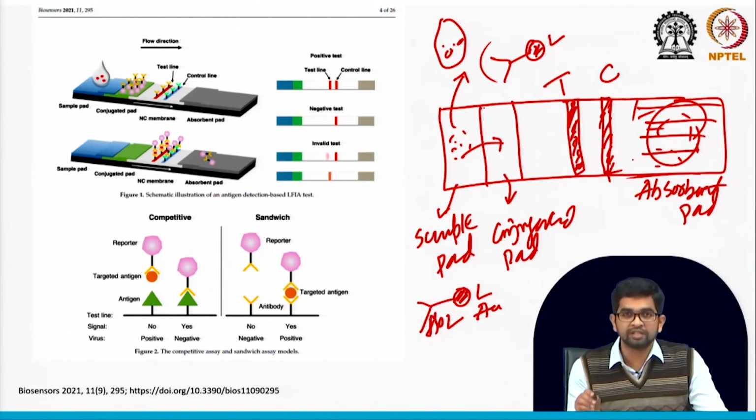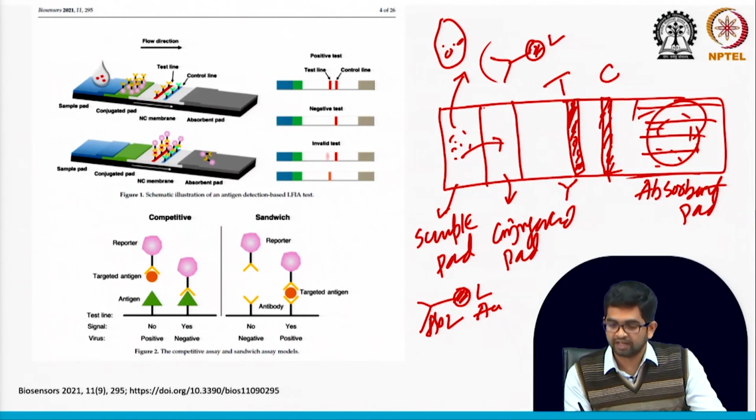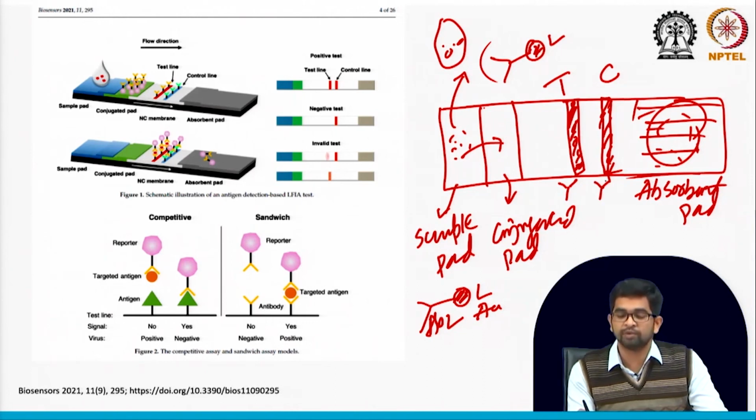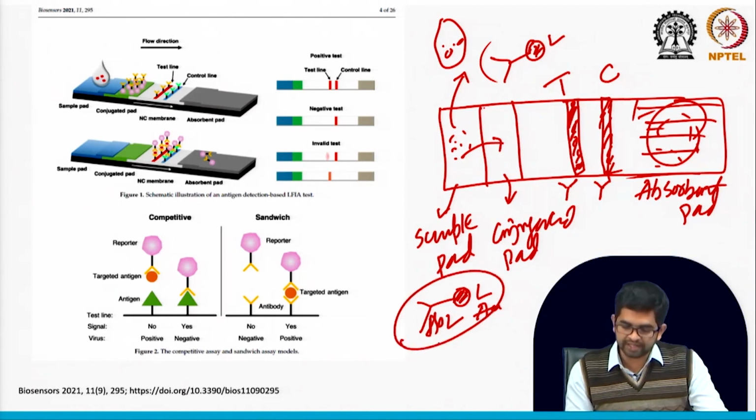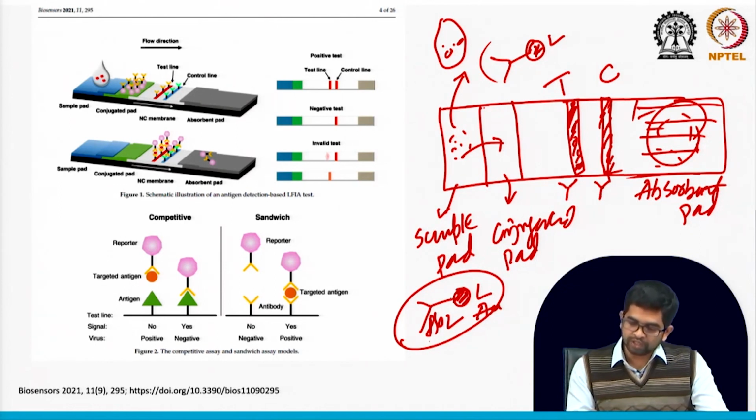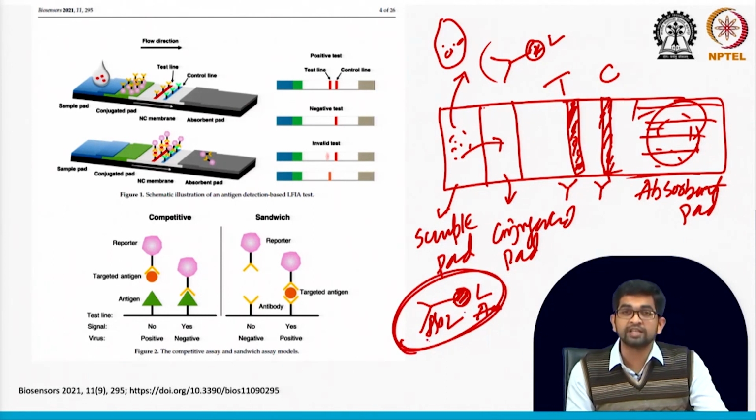For the control region, you have to understand the mechanism. In the test region, we use one antibody that is specific for your target, and in the control region we use another antibody that can bind all the secondary antibody that is conjugated with gold nanoparticles. So whether you have the target or not, your secondary antibody conjugated with gold nanoparticles will come here, bind with this antibody and show the color.